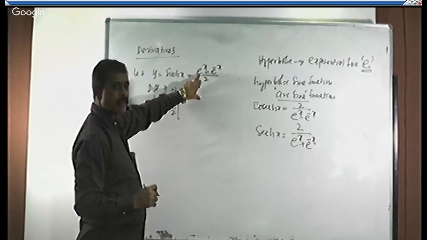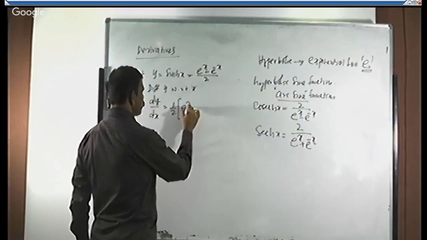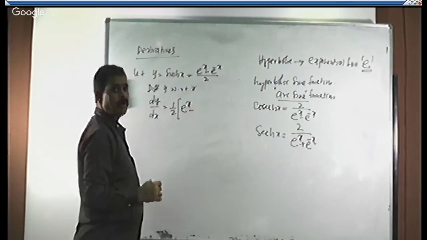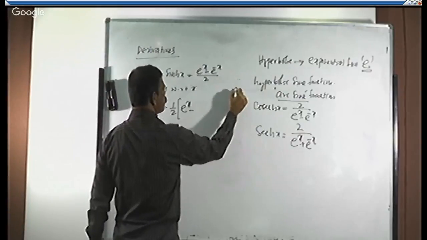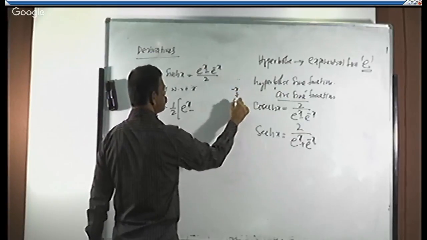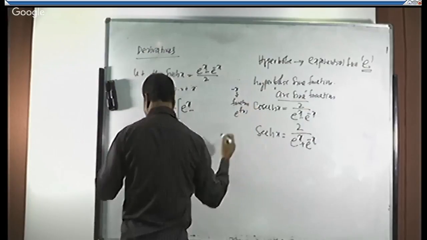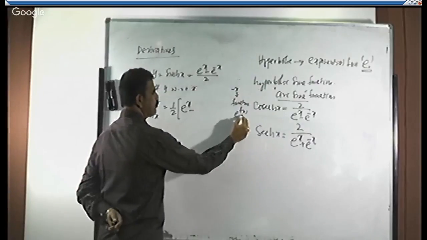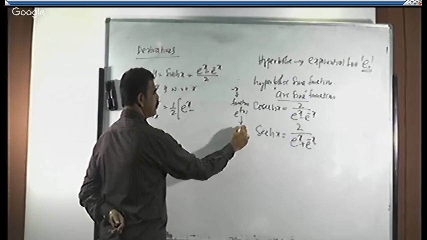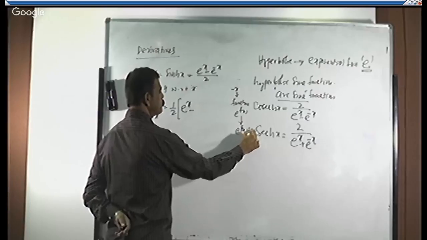What is the differentiation of e power x? It is e power x. Minus, what is the differentiation of e power minus x? It is considered as an e power function. What is the derivative of an e power function? It is e power function into d by dx of the function, correct?